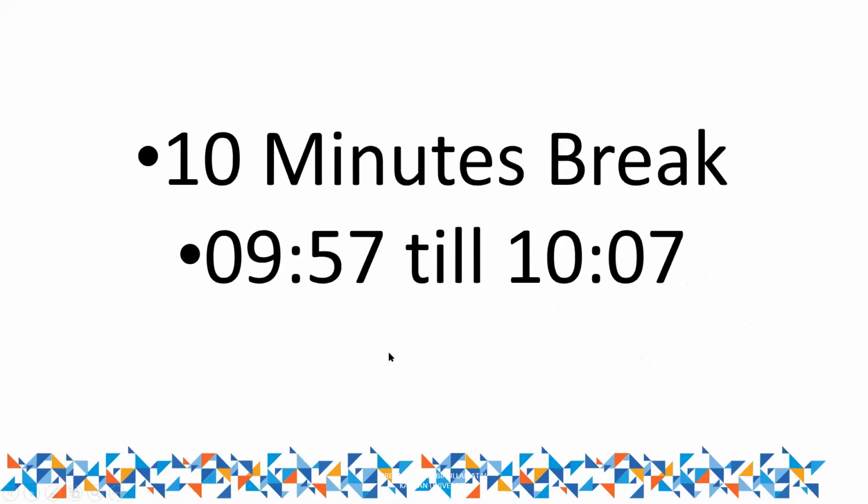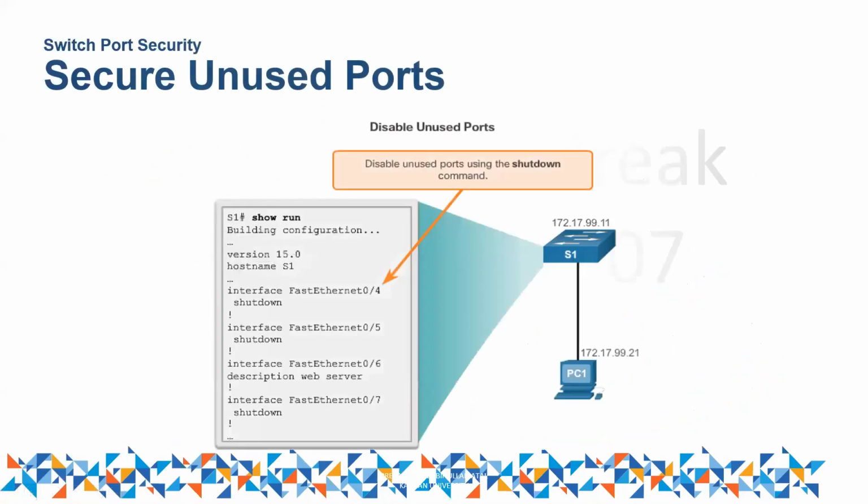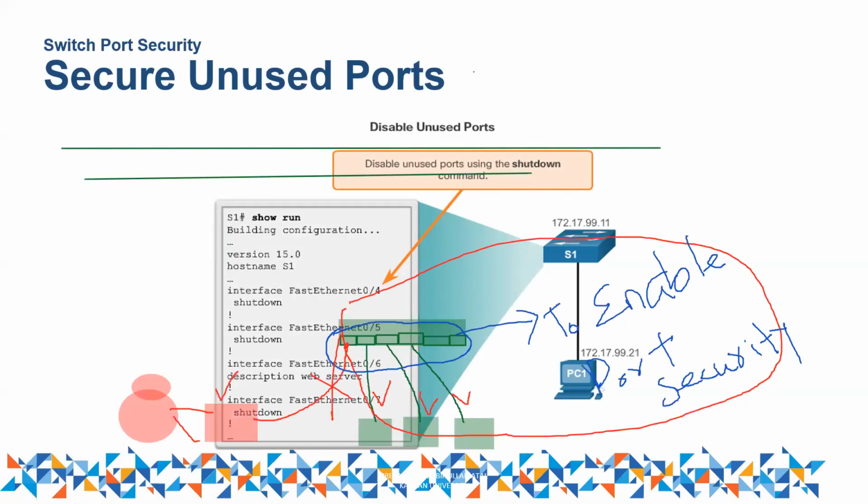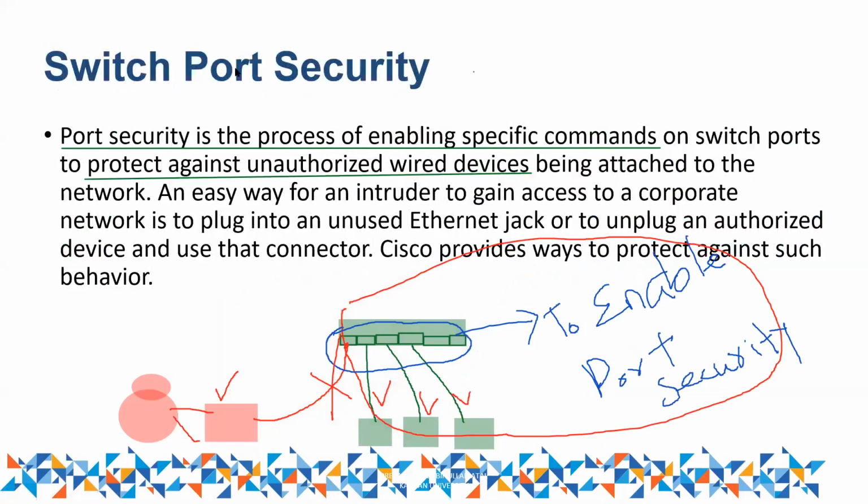There are some steps in the port security configuration. First of all, when you want to enable port security, your first step will be to disable all the unused ports. For example, as you saw before, in this example, let me specify, how many ports are free here?